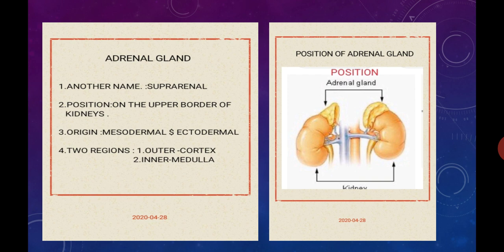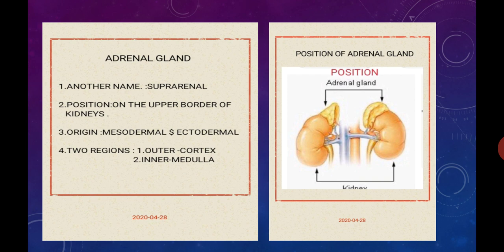Let's see the points once again. Another name for the adrenal glands is suprarenal glands. Location: they are located on the top of the kidneys, or on the upper side of the kidneys. Color: it is yellowish in color.